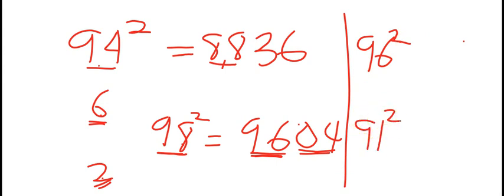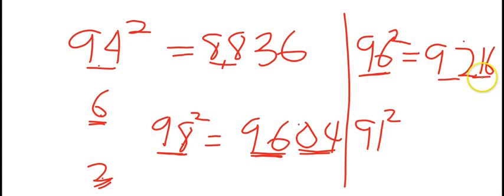Pause the video and try it. I believe for 96, your answer gave you 9,216. And again, you subtract this from 100, you get 4. Subtract 4 from this and you get 92. Square the 4, you get 16, and that becomes your answer. And this one too, what is your answer?